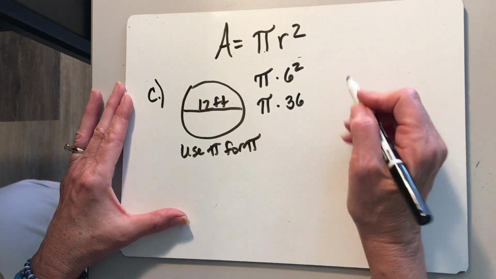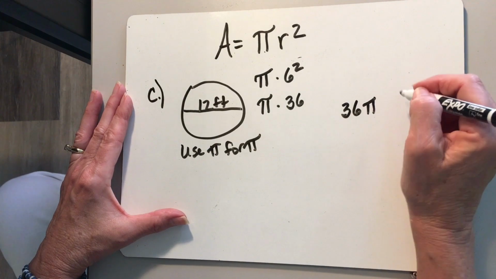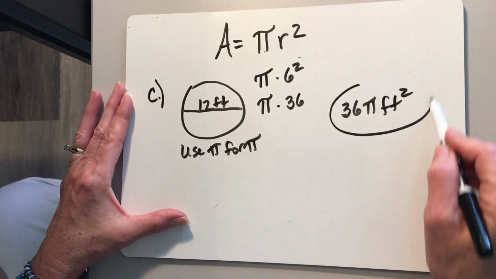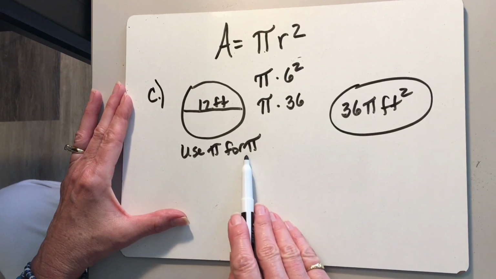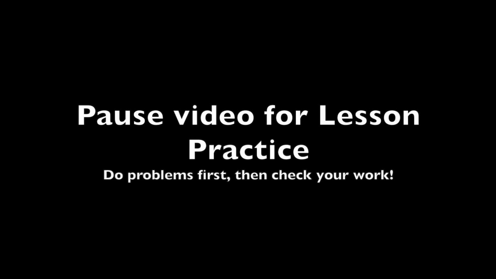Now, a proper way to write that is to really write 36 pi, and it would be feet squared, and that is your answer. Remember, that's when you celebrate because it was pretty easy, wasn't it?